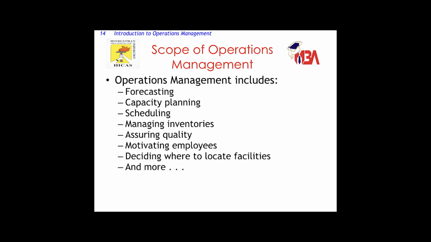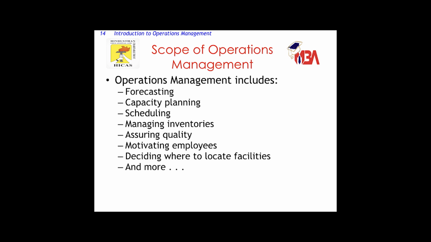So, all the activity under the scope when we are performing, it becomes the functions. Forecasting is a function of operations management. Scheduling is a function of operations management. Deciding the location is a function of operations management. Planning the layout is a function of operations management. Determining the inventory level, monitoring and controlling the inventory is a function of operations management.